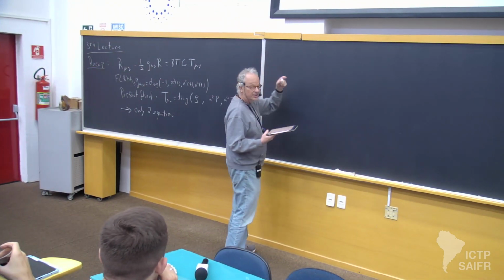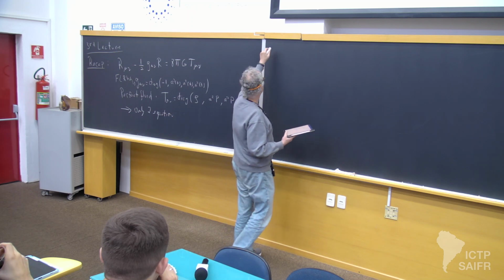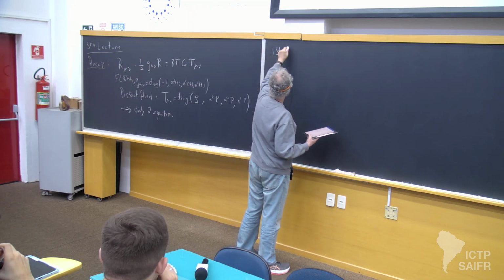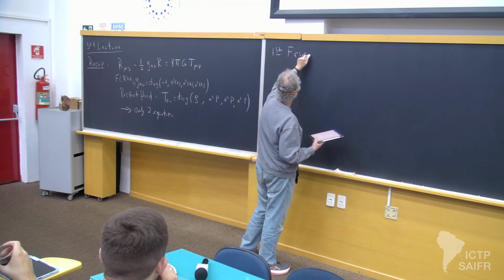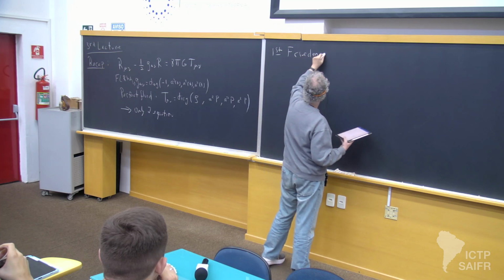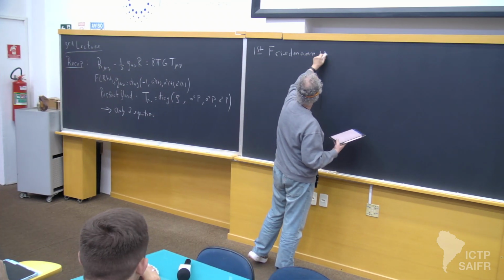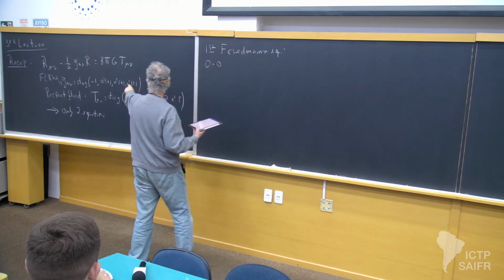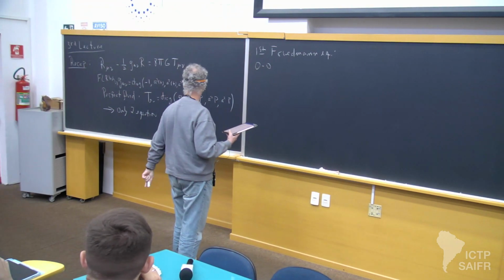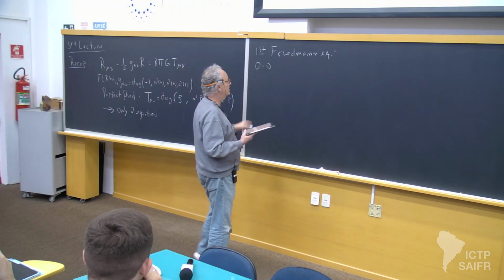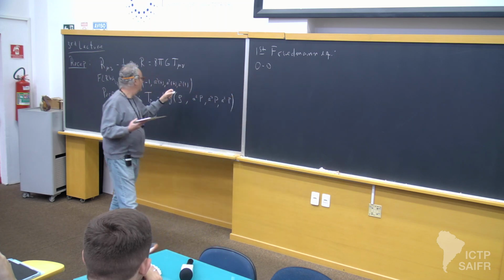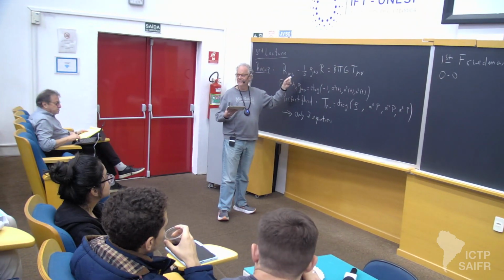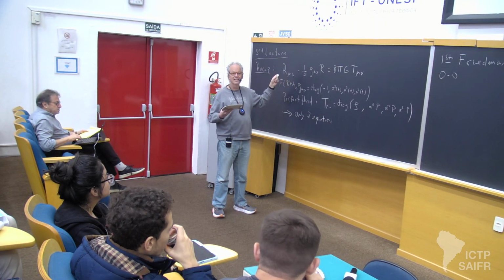So this is just a recap of yesterday, okay? So the first Friedmann equation, which is the 0,0 component of Einstein's equation with these simplifications. So this is where you had to derive all the connections.